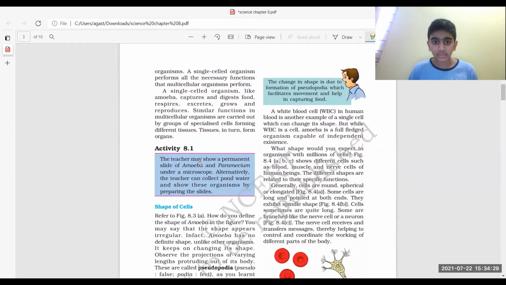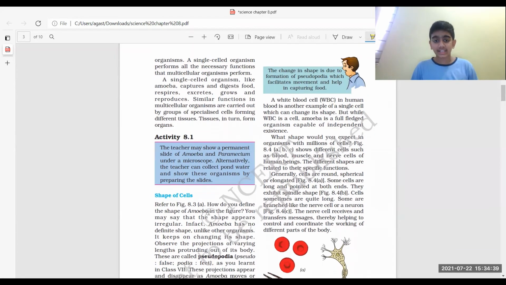So this is part 1, guys. Till here we've understood the number of cells. Now we'll learn about the shape and sizes of cells in the next part.